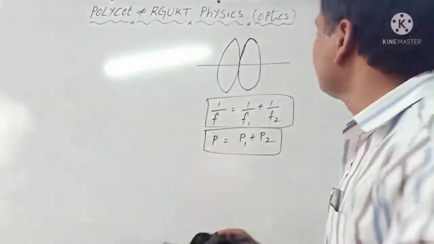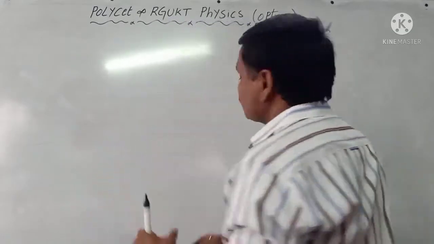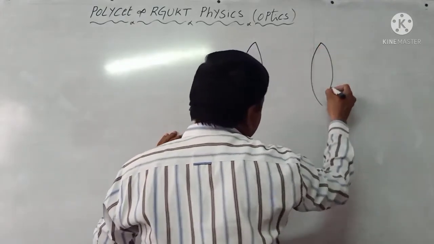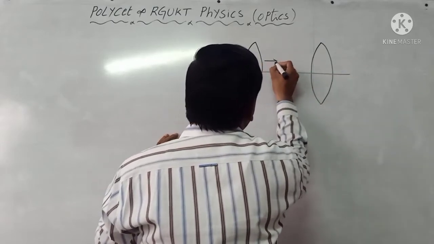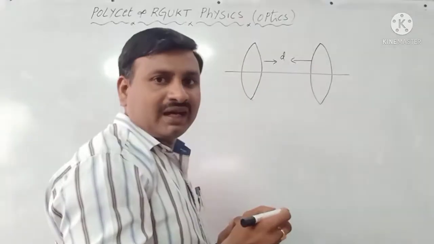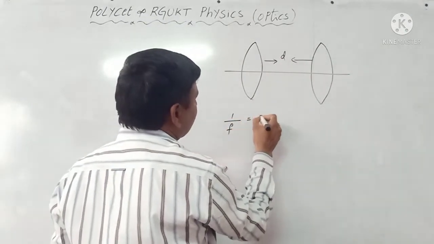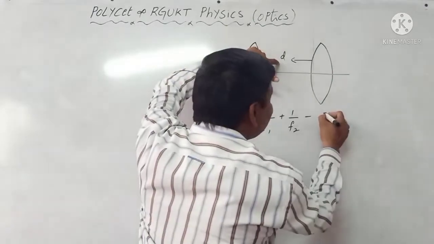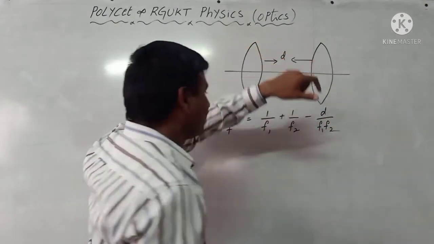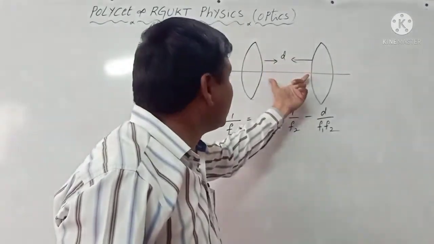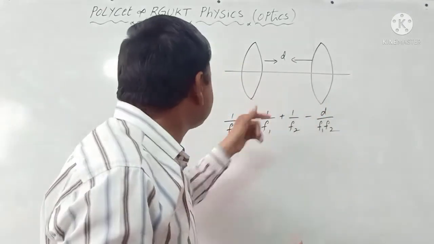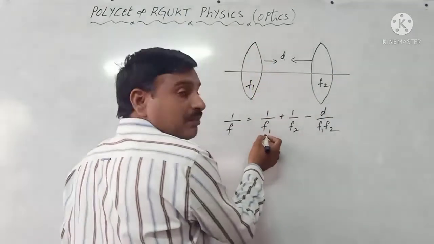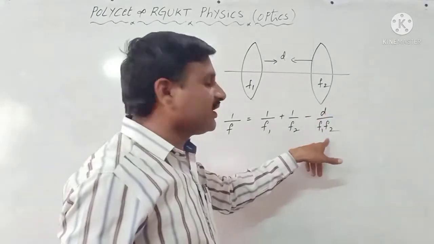For example, two convex lenses are separated by a distance d. Then the focal length is 1 by f equals 1 by f1 plus 1 by f2 minus d by f1 f2, where f1 and f2 are the focal lengths.